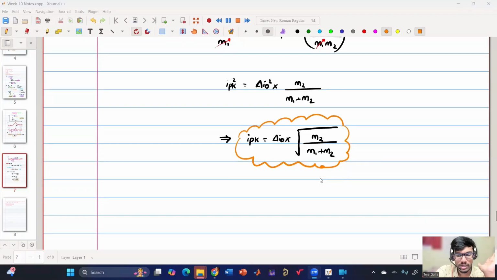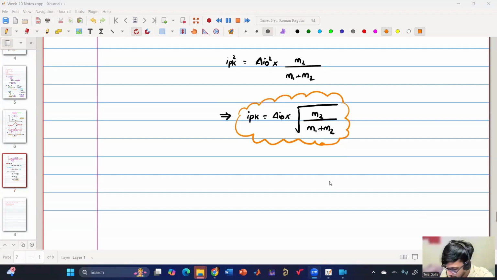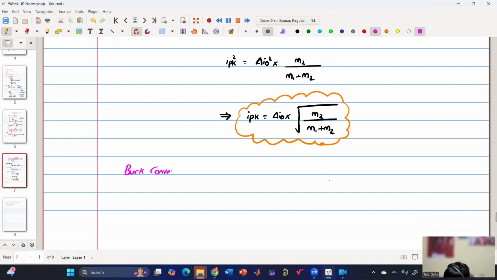So now let us consider a buck converter, because I will be mainly discussing the buck converter. If we consider the buck converter, what is M1 and M2? Anyone? What is M1 and M2 in a buck converter?